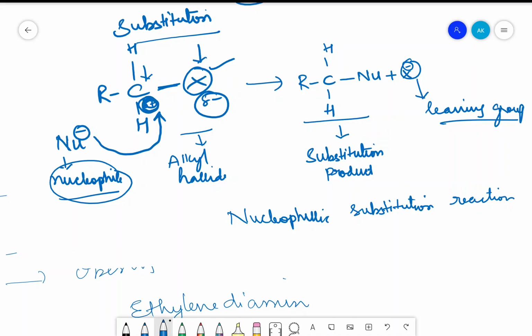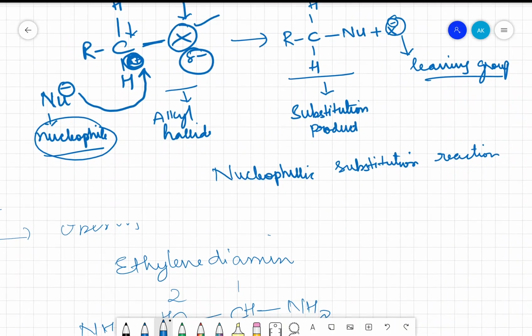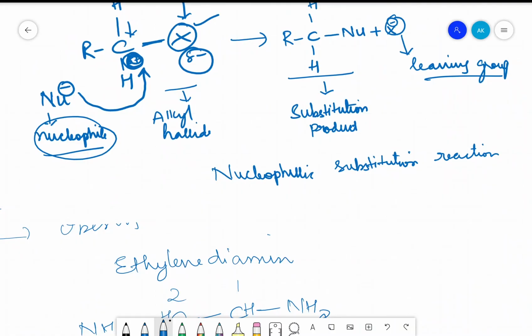So when a substitution reaction involves attack by a nucleophile, the reaction is referred to as nucleophilic substitution reaction, which is represented as SN, where S stands for substitution and N stands for nucleophile.